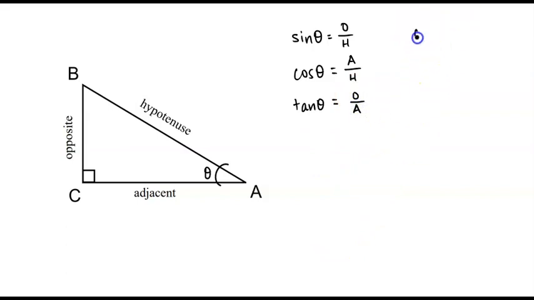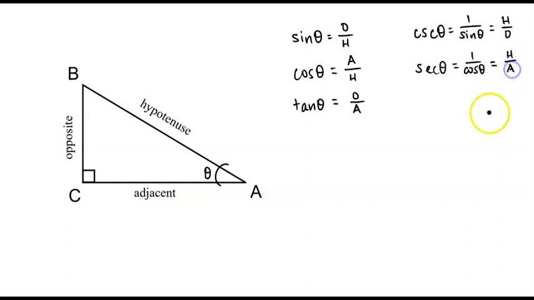We have cosecant of theta, and cosecant of theta is just 1 over sine of theta. And because we're just flipping this fraction of sine of theta, it's just going to be the hypotenuse over the opposite side. Secant of theta is equal to 1 over cosine of theta. And so we're just flipping this fraction for cosine, and that's going to be the hypotenuse over the adjacent side.